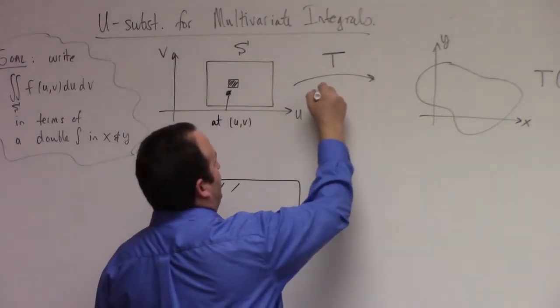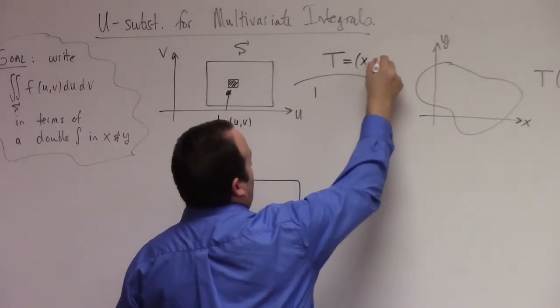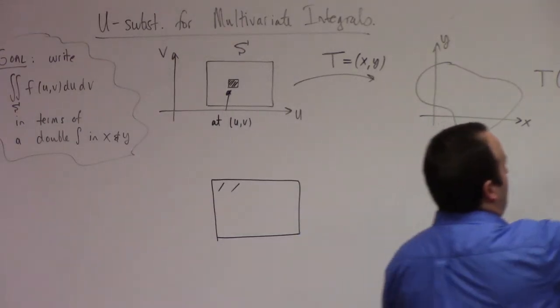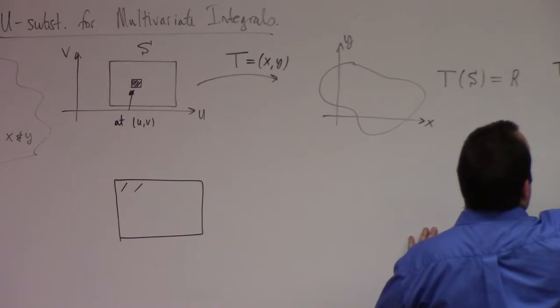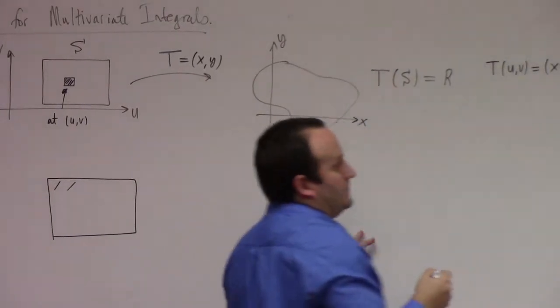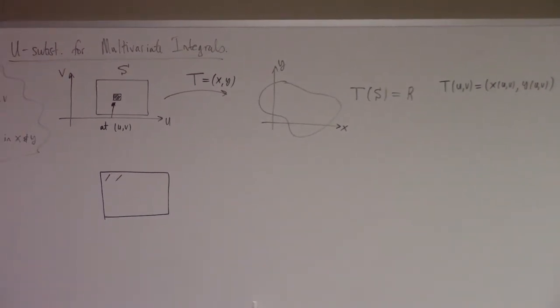I need some notation here. Let's say T is equal to (x, y). What that really means is that T of (u, v) is equal to (x(u, v), y(u, v)). So like a parameterization, but I'm thinking of it as a separate space for the sake of discussion here.